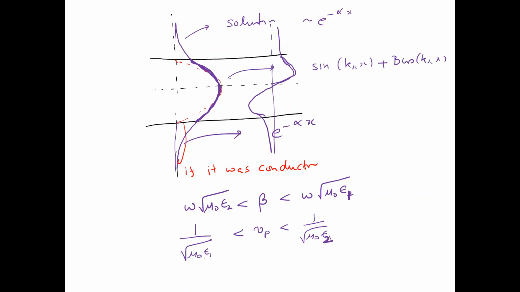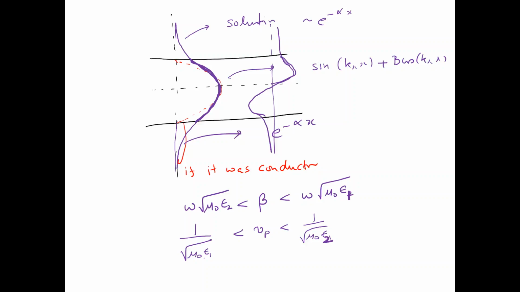And that solution is going to travel with a very specific term. So yes, when you have a dielectric waveguide, you can still support a guided mode even though you don't have a hard boundary condition like a conductor. And the more confinement you get is by having epsilon 1 more different from epsilon 2.